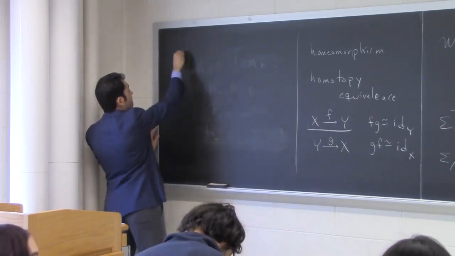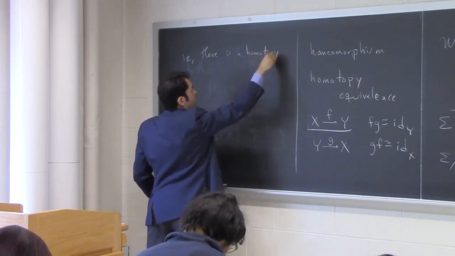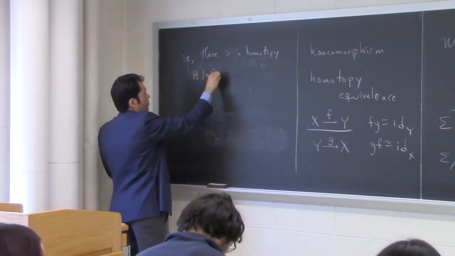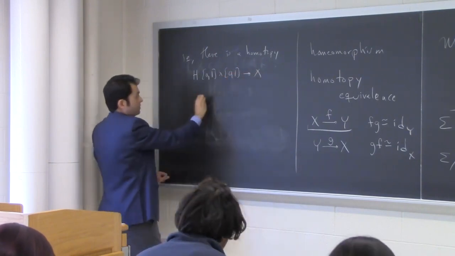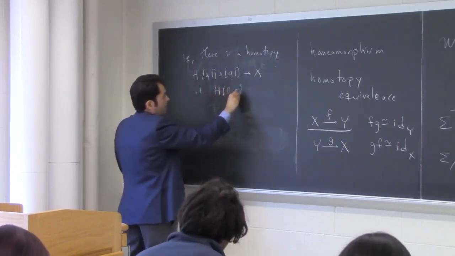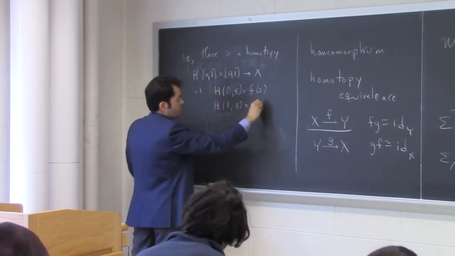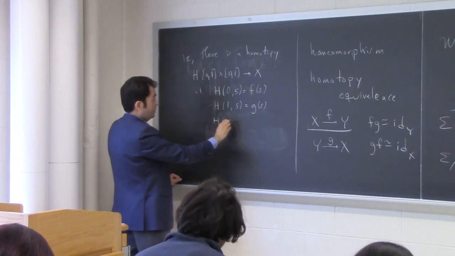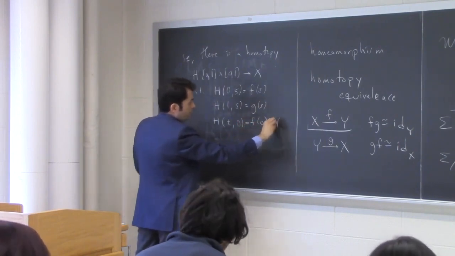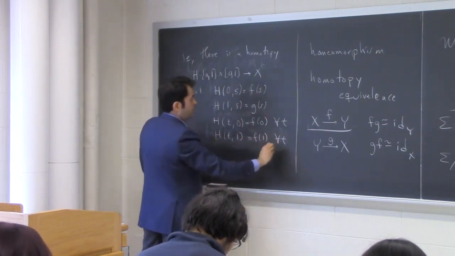So what it means here is that there is a homotopy, say H, from [0,1] cross [0,1] to X, such that H(0,s) is equal to f(s), H(1,s) is equal to g(s), H(t,0) is equal to f(0) for all t, and H(t,1) is equal to f(1) for all t. Of course, these are for all s.